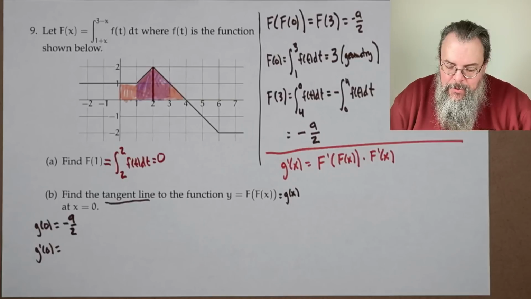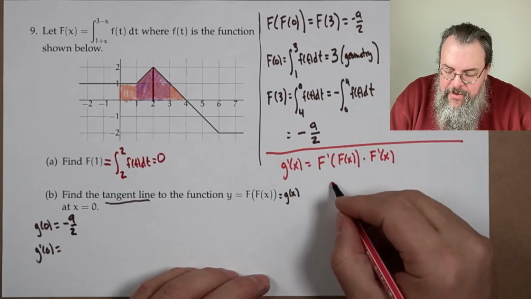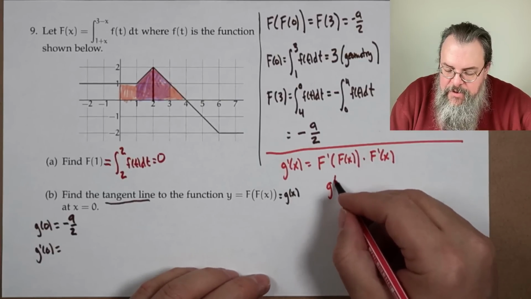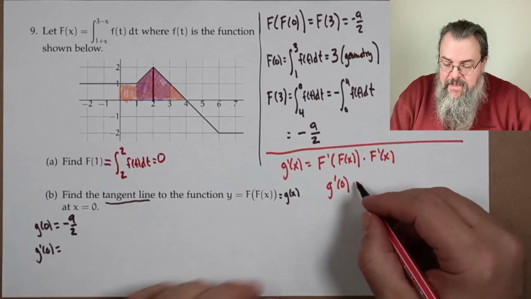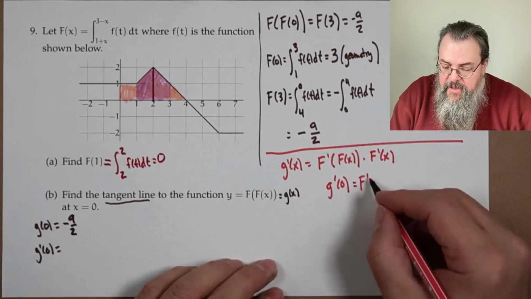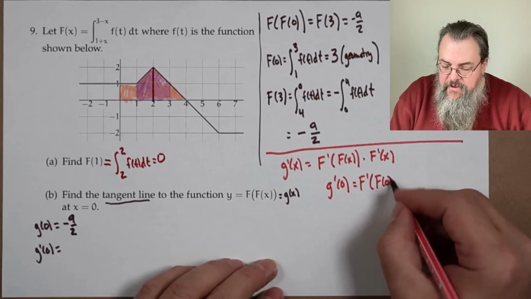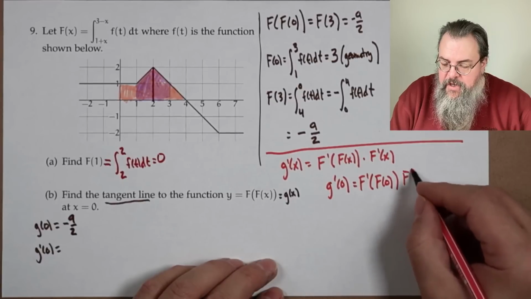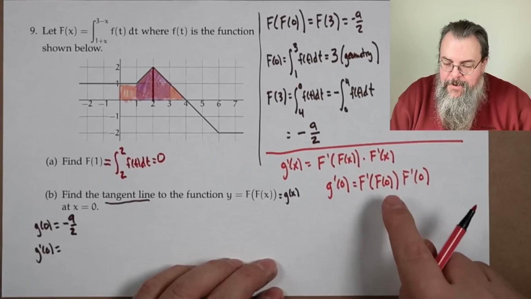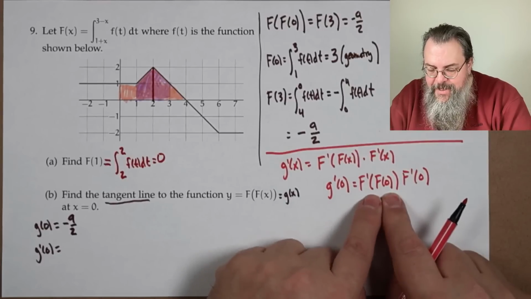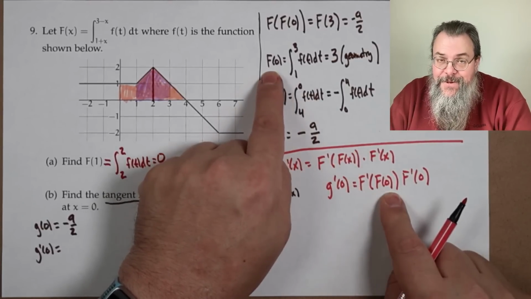Now, what does that tell us? Well, we can say, look, that tells us that g prime of 0, because we want g prime of 0, is equal to f prime of f of 0 times f prime of 0. Now, we also did some work before that says we know what f of 0 is.